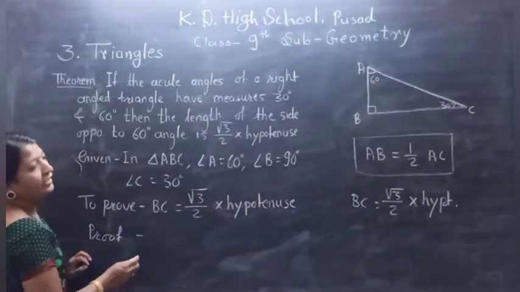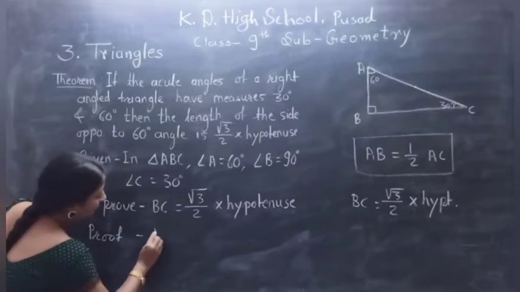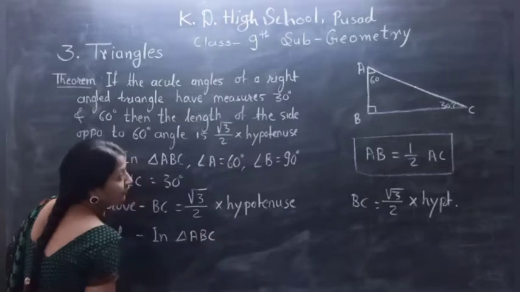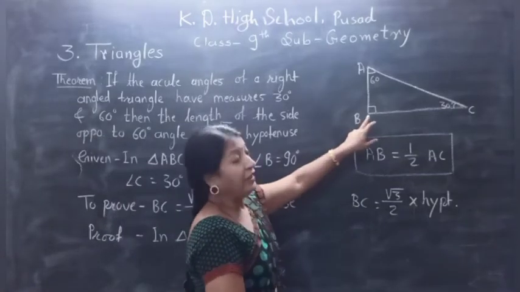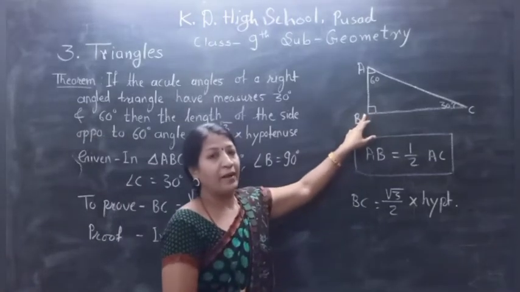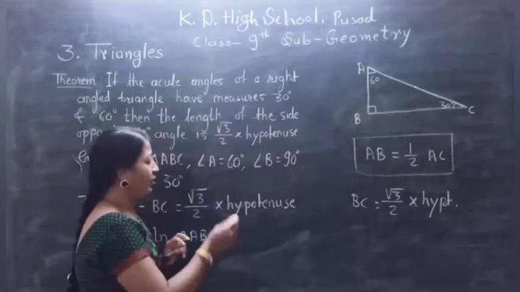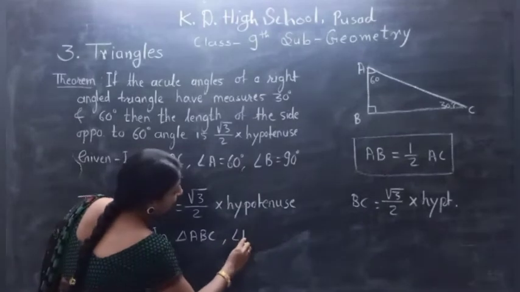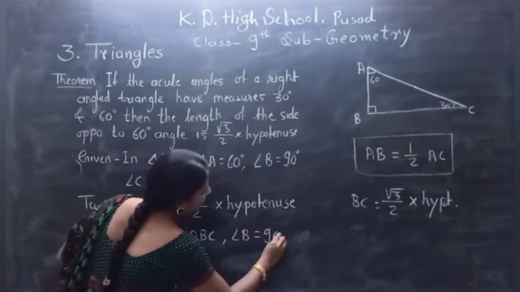Now proof. In triangle ABC, in case of a right angle triangle we use the Pythagoras theorem. So here we have to apply the Pythagoras theorem. First of all we write angle B is equal to 90 degrees.